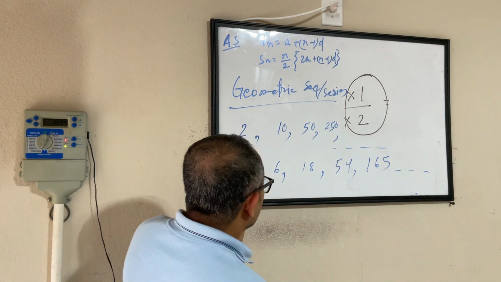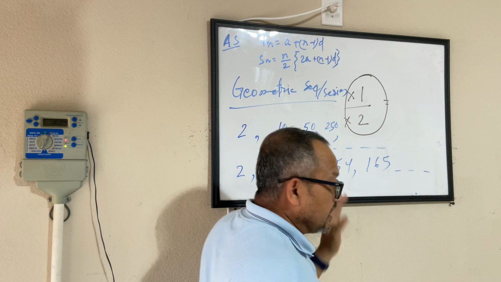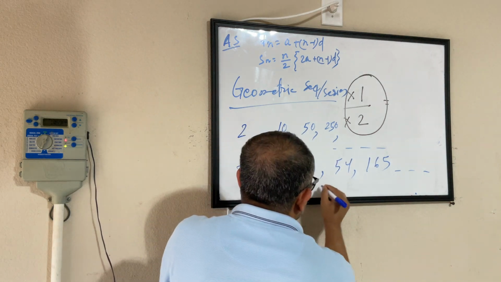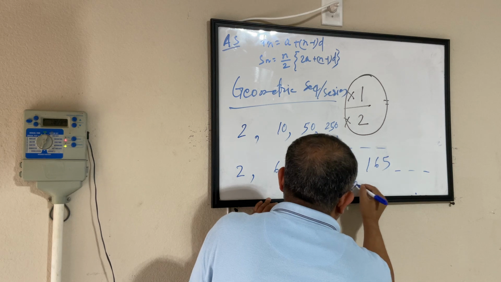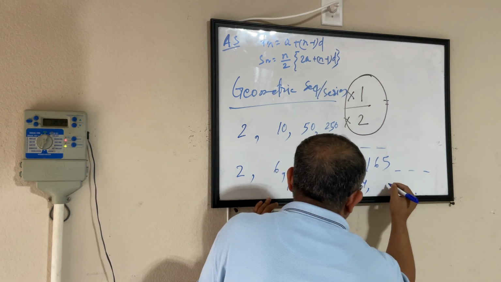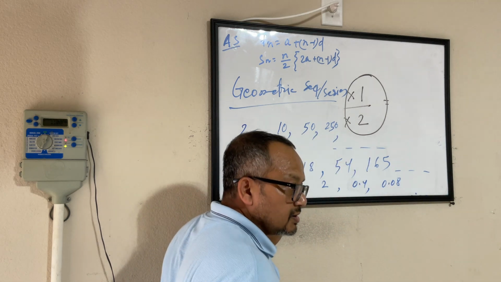Now it need not be in increasing order always. It might be in decreasing order. It could be like 10, 2, 0.4, 0.08.